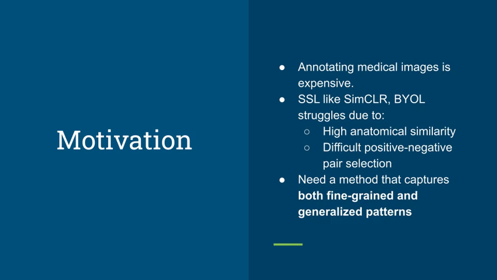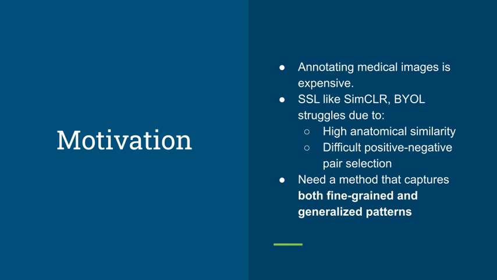In natural images, this works well. A car and a dog look different enough, but in medical images, two different X-rays can look nearly identical, and yet one might have a tumor while the other doesn't. So what goes wrong? Firstly, medical images are highly similar anatomically. Imagine you have hundreds of chest X-rays from different patients.